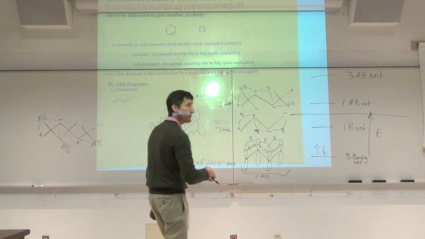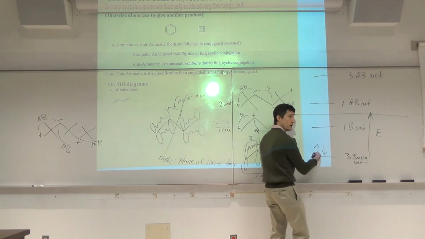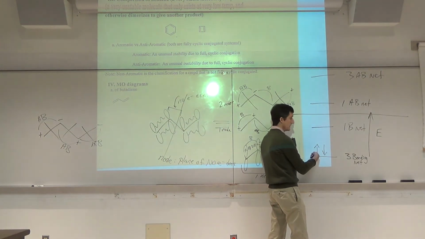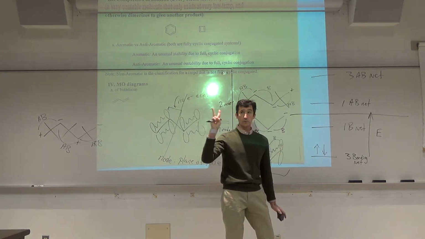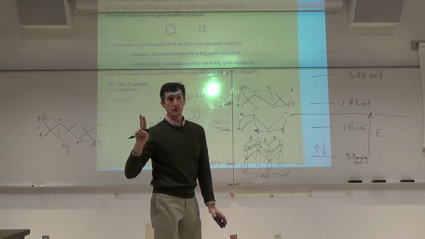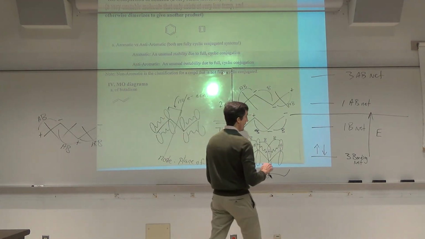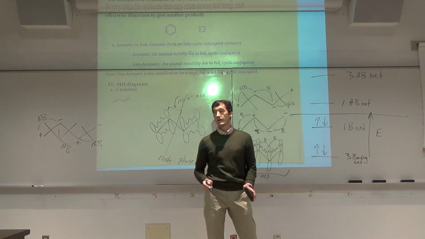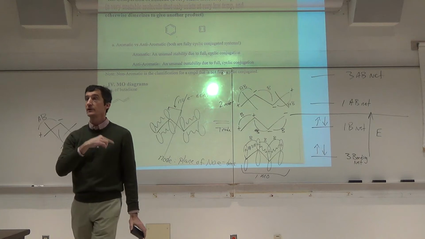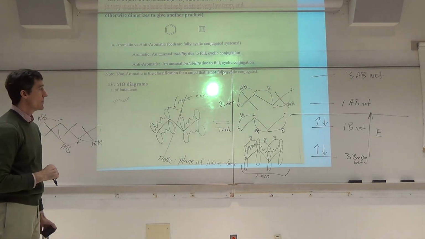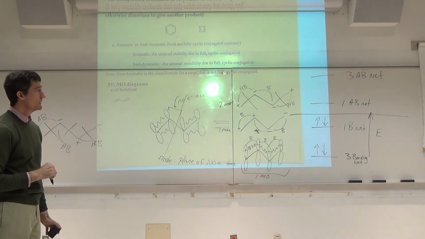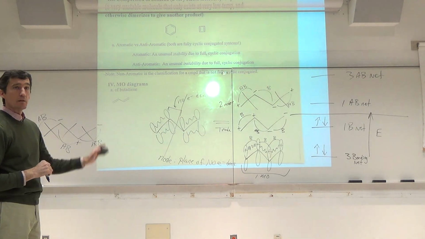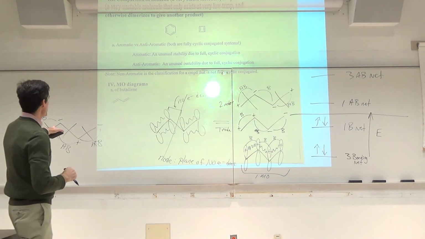And then we pair with opposite spin. Each MO is going to get 2 electrons. That's 3 and 4. There's an MO diagram for butadiene.